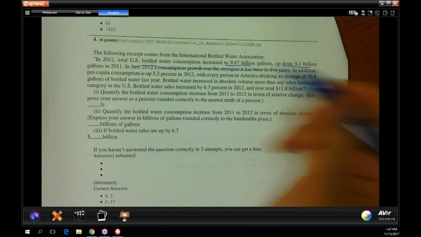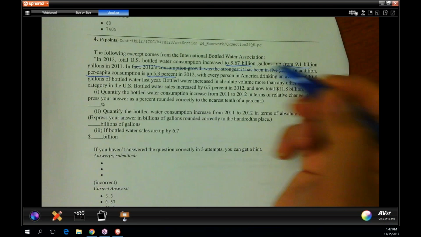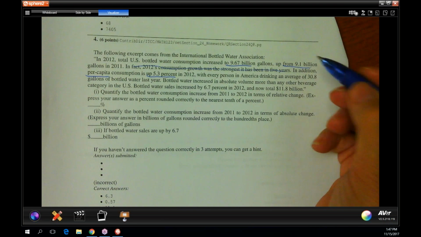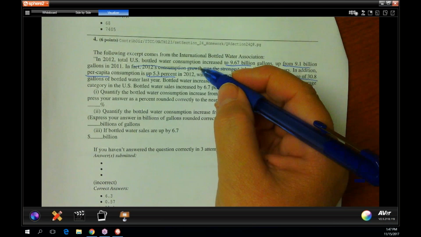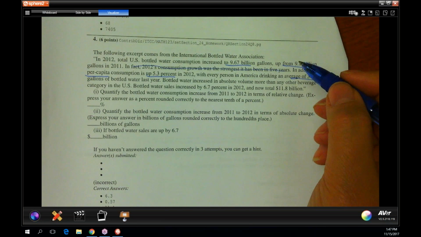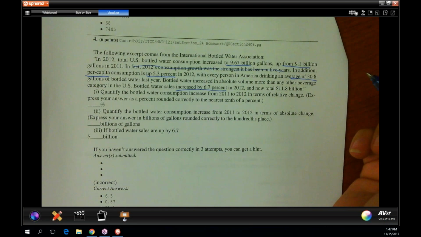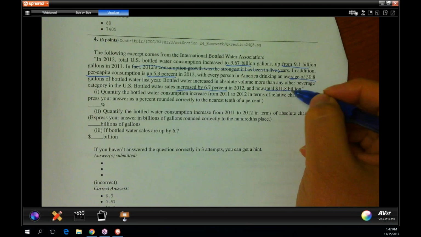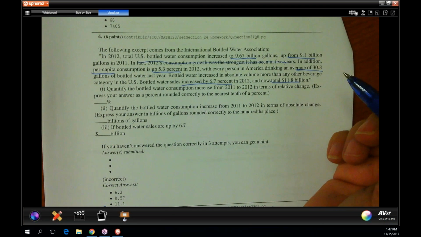In addition, per capita consumption is up 5.3%, with every person drinking an average of 30.8 gallons last year. It increased in absolute value more than any other beverage in the U.S. by 6.7%, a total of 11.8 billion.